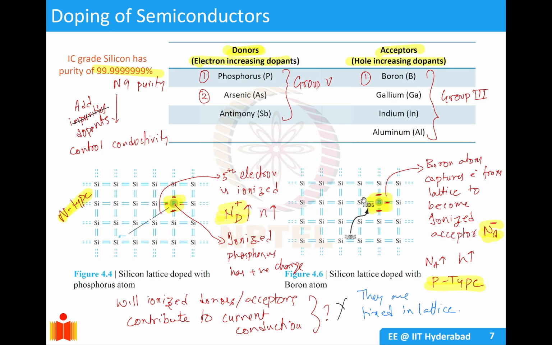That creates a vacancy of electrons in the lattice, and that vacancy of electrons is called a hole. So it increases hole concentration at equilibrium. When there's an excess of electrons, it is called an n-type material. When there's an excess of holes, it is called a p-type material.